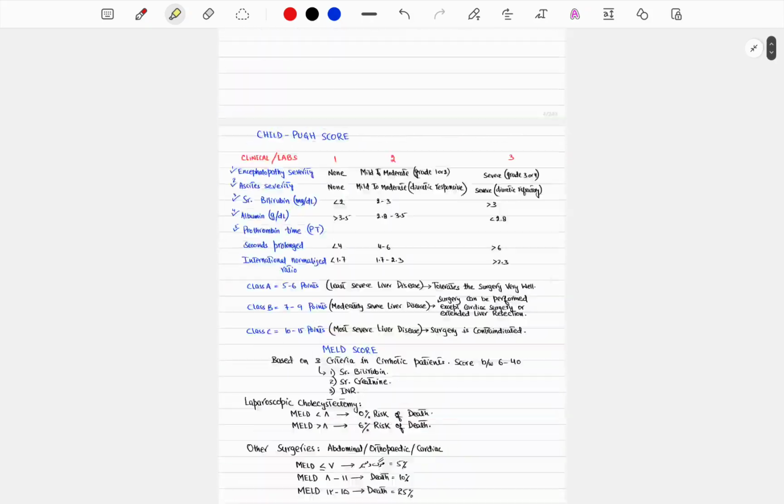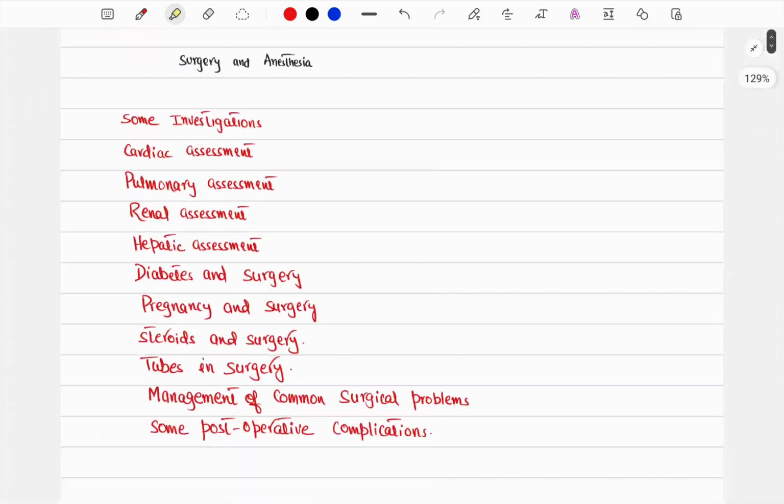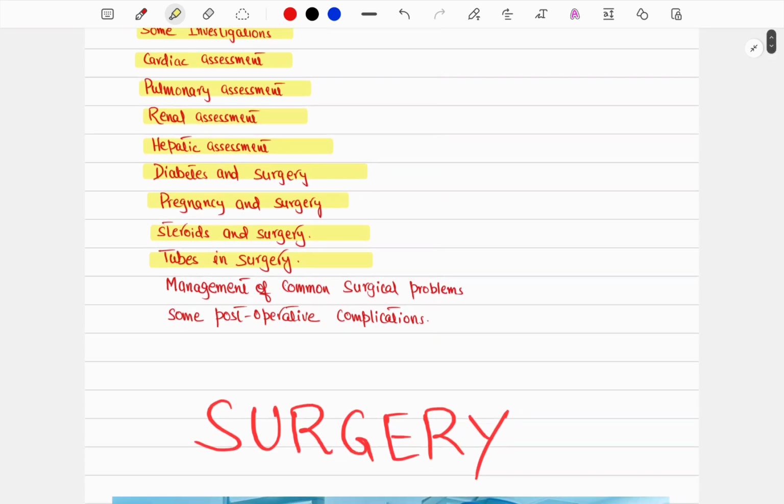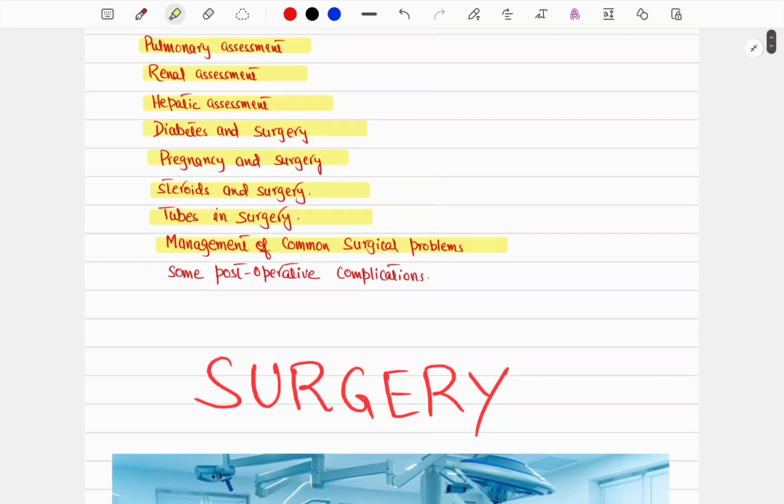So this is a general overview: we will learn about investigations, then cardiac, pulmonary, renal and hepatic function assessment, and conditions like diabetes, pregnancy and steroids in surgery, and then instruments like tubes used in surgery, and management of common surgical problems like pain, wound infection, and fluid resuscitation.